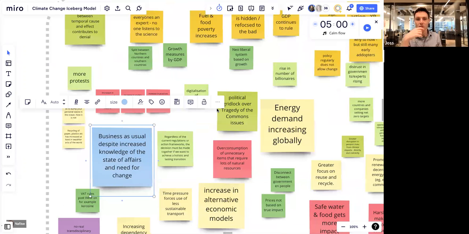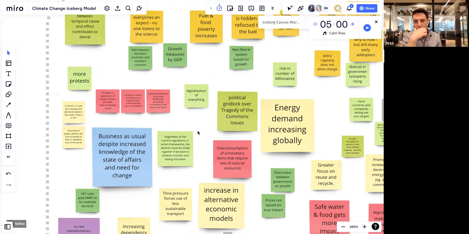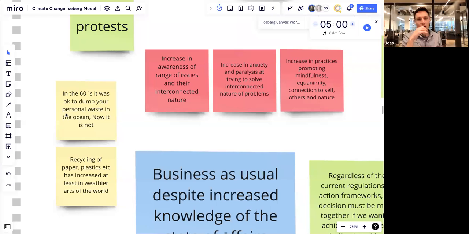Okay, business as usual, despite increased knowledge of the state of affairs and need for change. Okay, more protests. In the 60s, it was okay to dump your personal waste in the ocean. Now it's not. Yeah, big things are certainly changing and have changed, both in positive and negative directions.